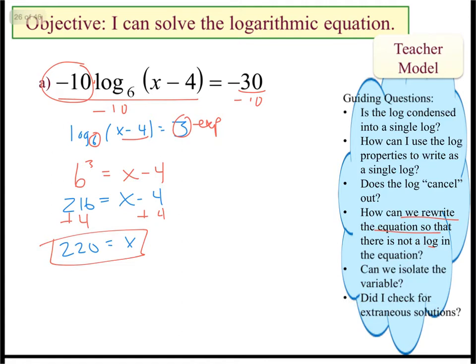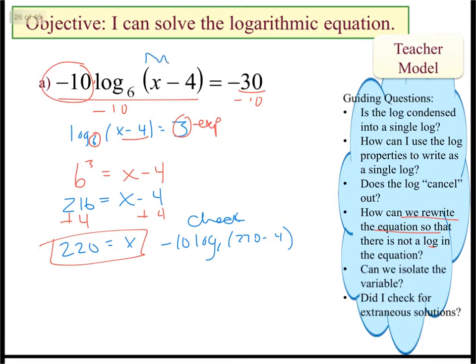So our last step of the problem is just to plug in this and check our work. The main thing is that we just want to make sure that we don't have an extraneous solution, and that would occur when we plug in our number and it looks like we're taking the log of something that is negative or 0.